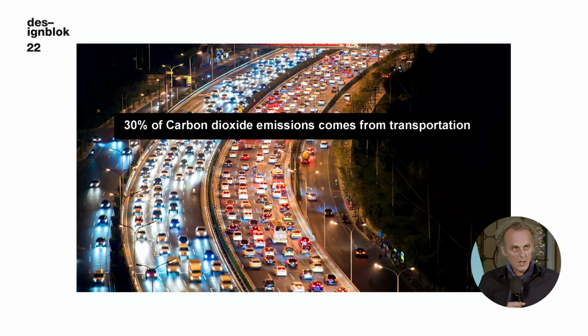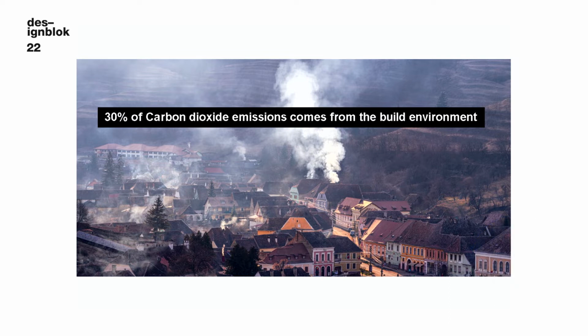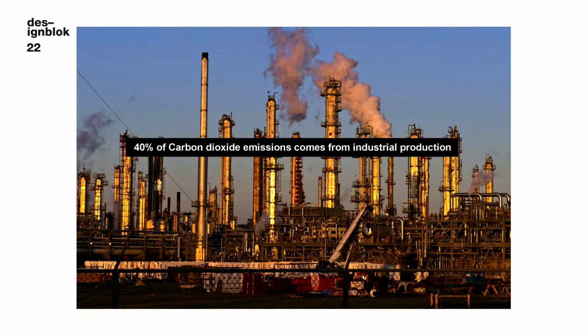If you look at the carbon emission which comes from the fossil fuels, 30% comes from transportation, cars, boats and airplanes. Another 30% comes from the built environment. We're talking about heating of houses, offices, electricity for your mobile phone, etc. That causes another 30%, but the main cause of this carbon emission is caused by industry.